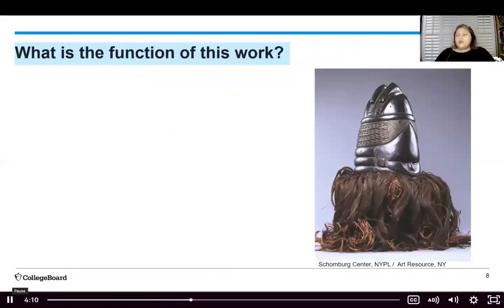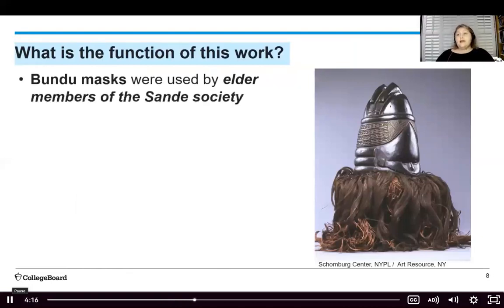So what was the function of this work? Well, within the Mende population, there is a society, and this society was called the Sunday Society. The Sunday Society is deemed a secret society, and it contains just women. And the Bundu masks, like our Bundu masks here, are used by elder members of the Sunday Society.